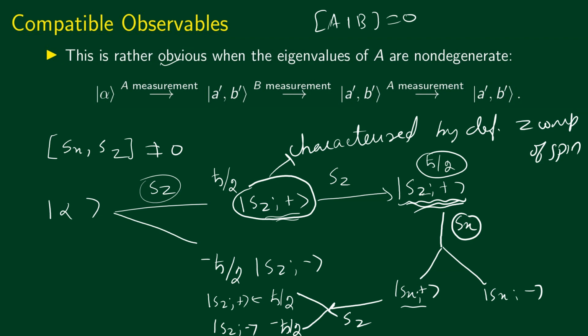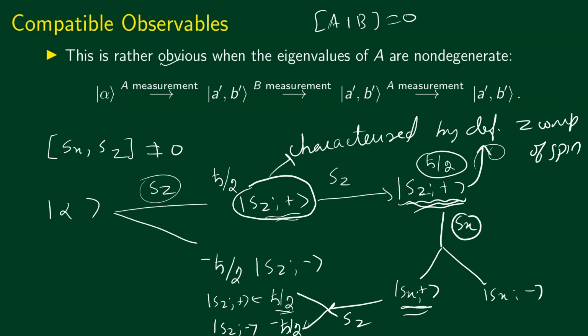The previous information was that this state is characterized by a definite Z component of spin. Once I make a measurement of Sx, this information is lost, and this beam after the measurement of Sx is no more characterized by a definite Z component of spin. It could either be plus h bar by 2 or minus h bar by 2. So the information is lost here.